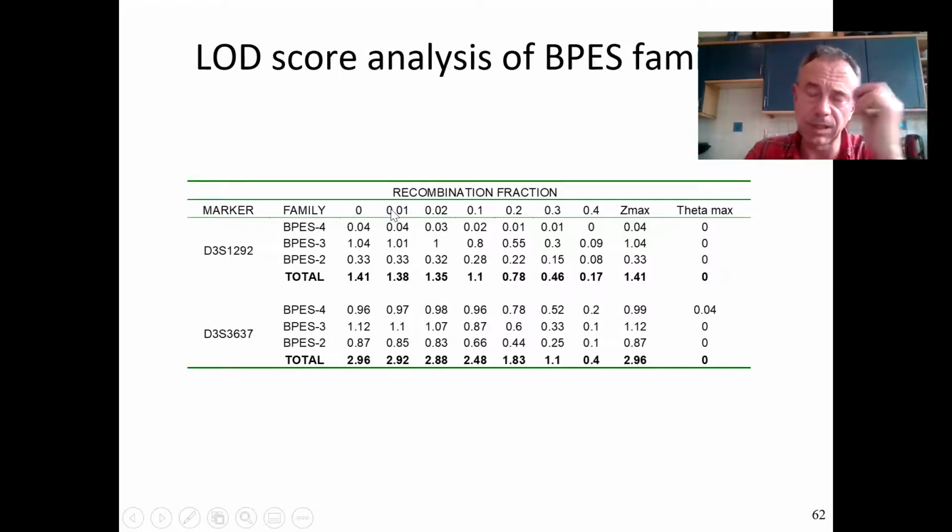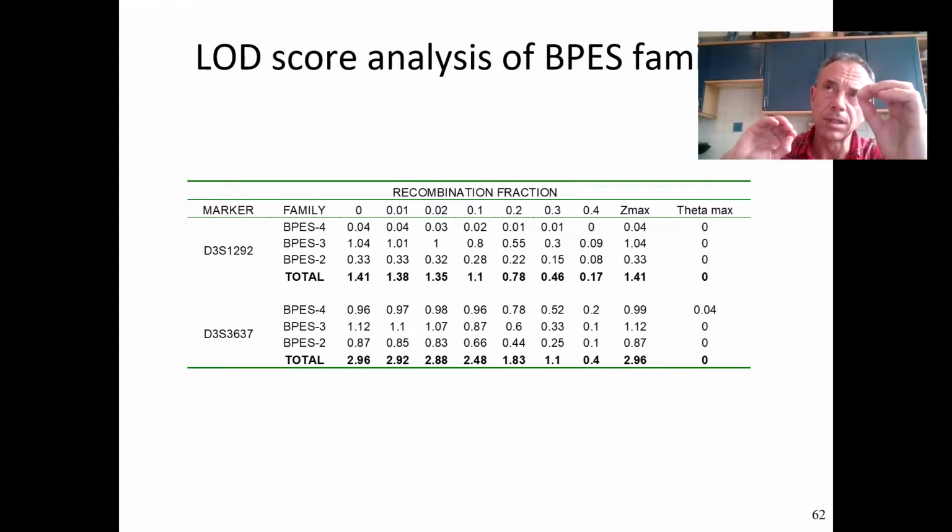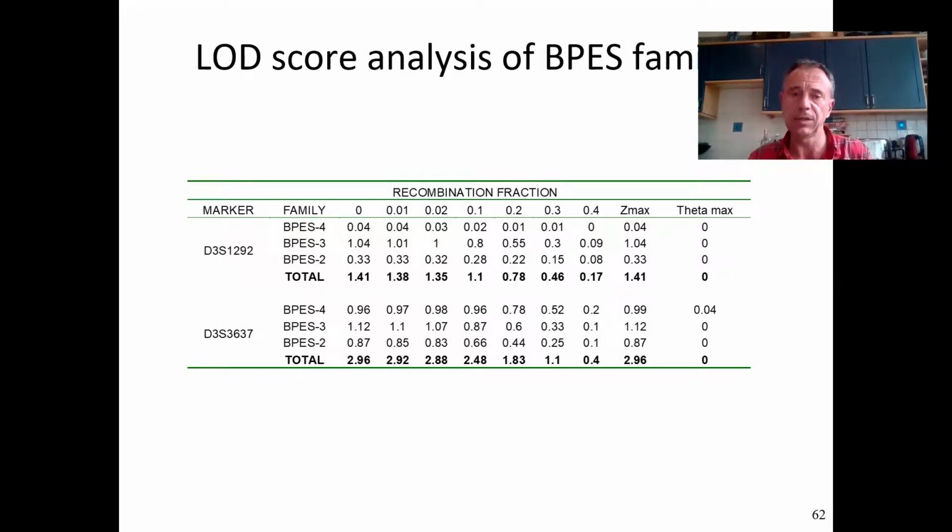Now, as I said in the last lecture, because logs are logarithms of probabilities, and because probabilities multiply, if we add up all the log scores across a pedigree at a particular recombination fraction, that is the same as getting the logarithm of the likelihood ratios multiplied across the 3 different pedigrees.